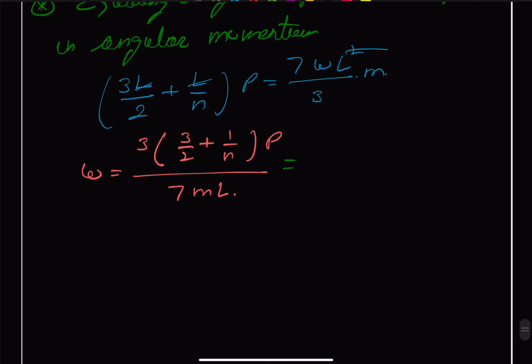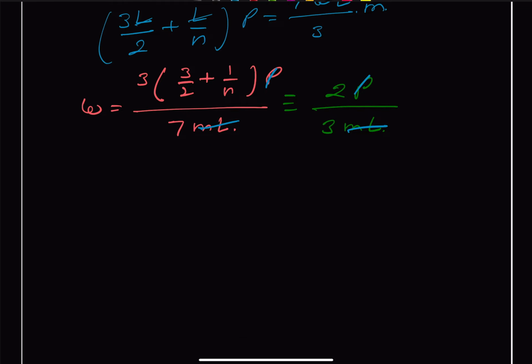So this will be equal to 2p over 3ml, and this p, ml and ml cancels out.